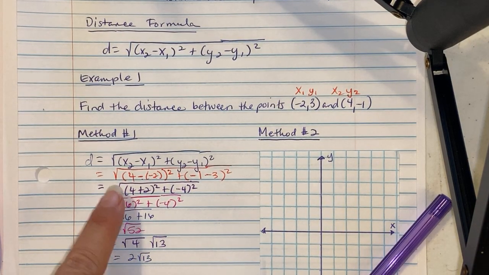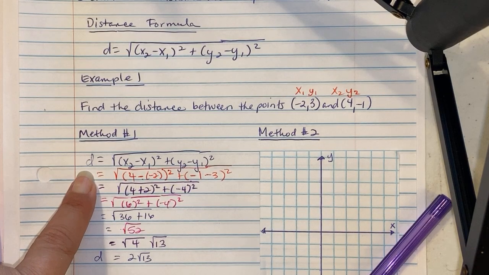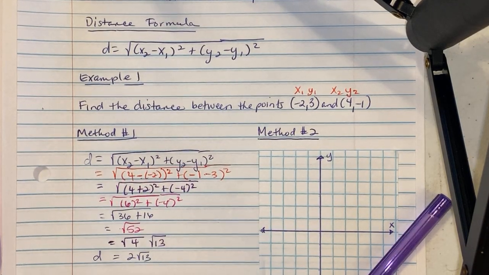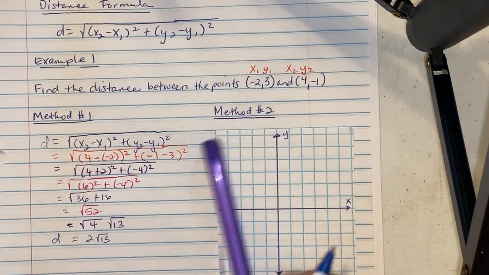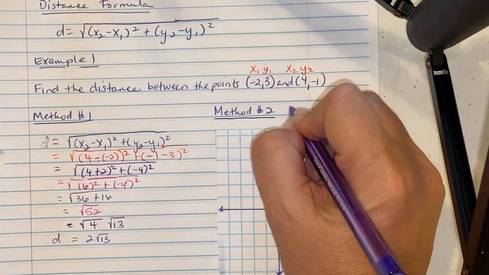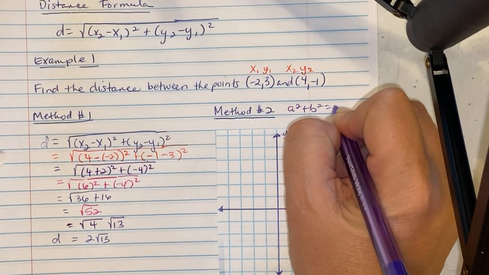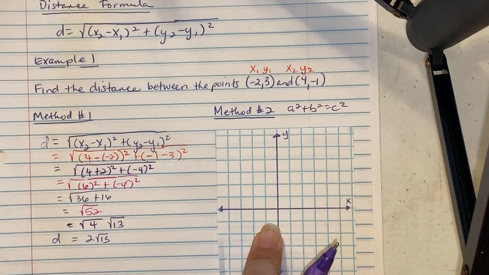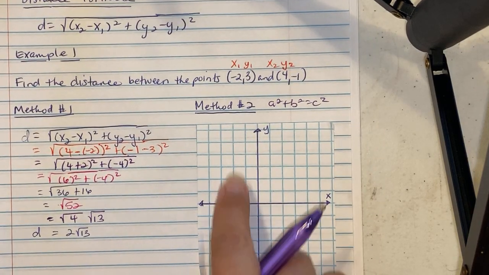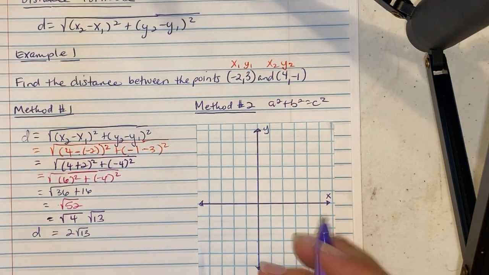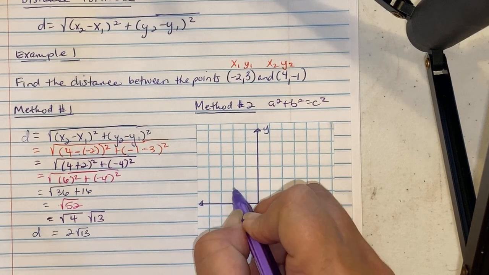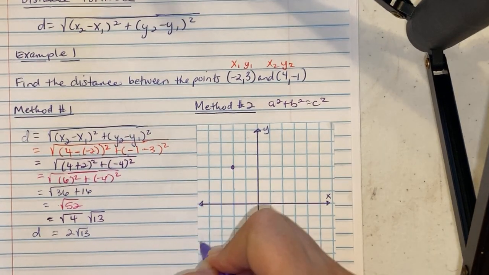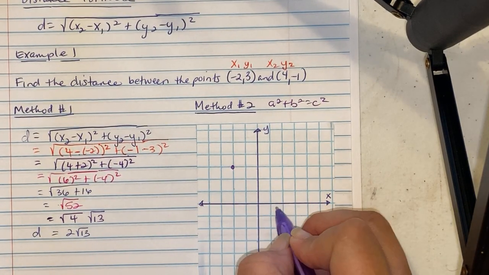Method 2 is if you don't remember the distance formula, everyone remembers the Pythagorean Theorem, which is a squared plus b squared equals c squared. If you had coordinate paper, plot your 2 points. The first ordered pair is at (-2, 3), and the second one is at (4, -1).